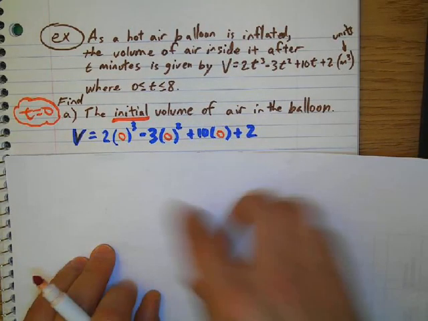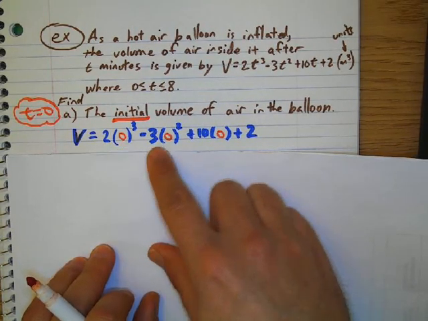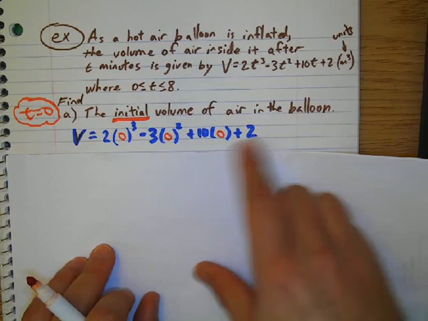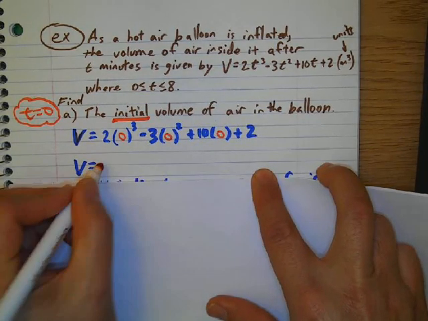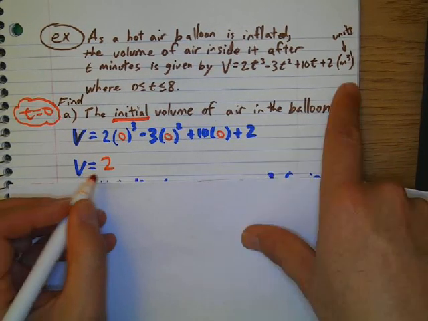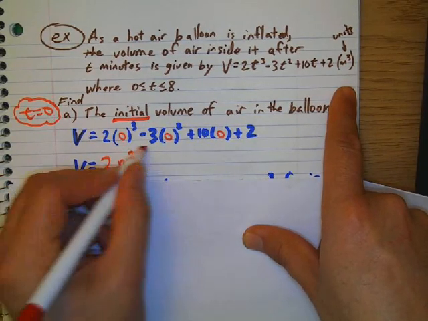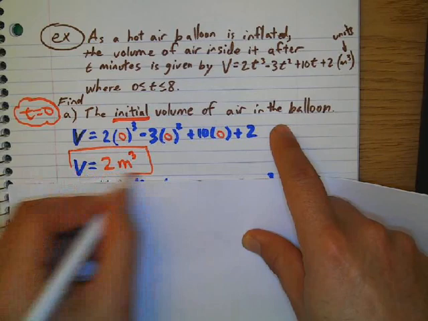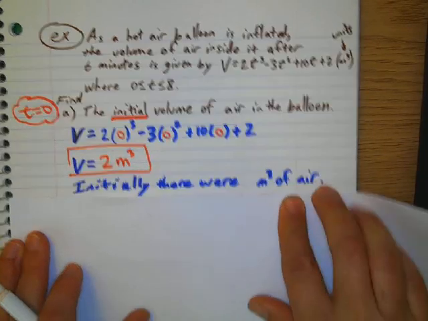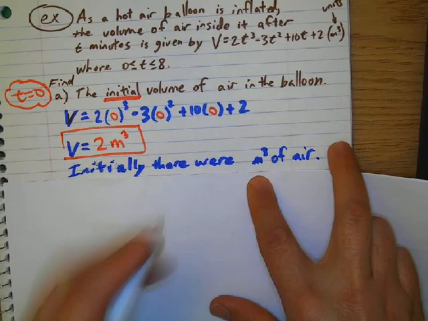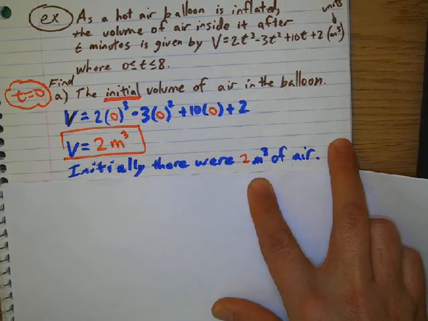When I plug in 0, all of these things are going to become 0, and we're left with 2, and what are the units? 2 meters cubed. That's the volume initially.